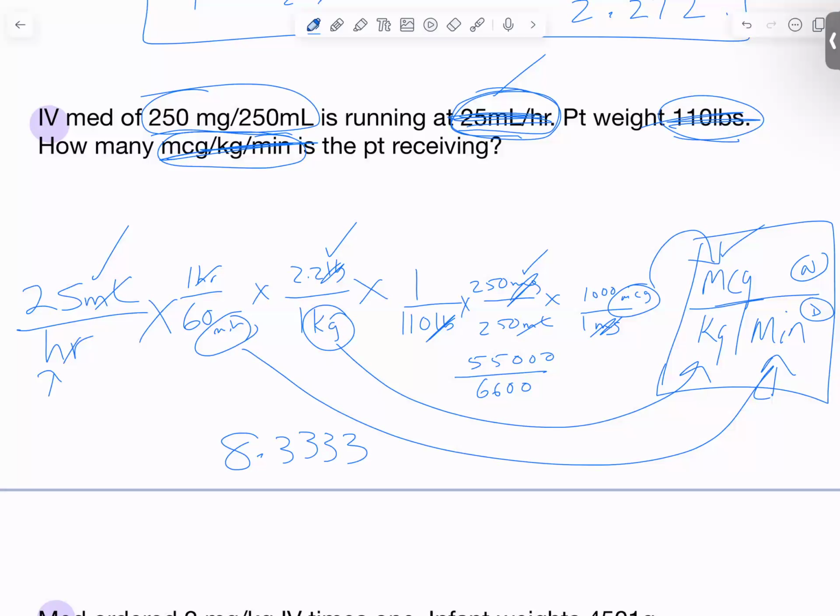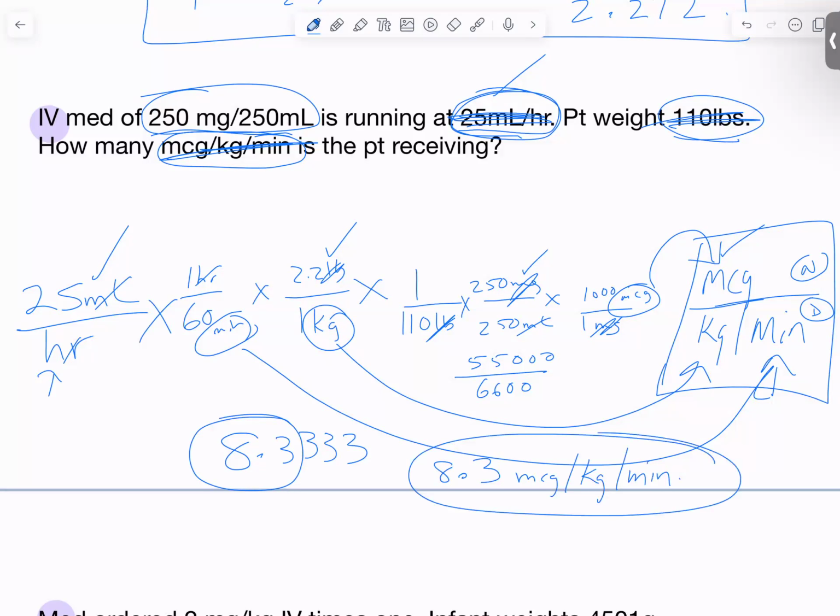This is the one off for the rounding rule where you would use rounding and you can use a decimal on an IV pump. And you should have seen this in all of your clinicals, unless you didn't go to the ICU yet. So the answer is 8.3 micrograms per kilogram per minute.